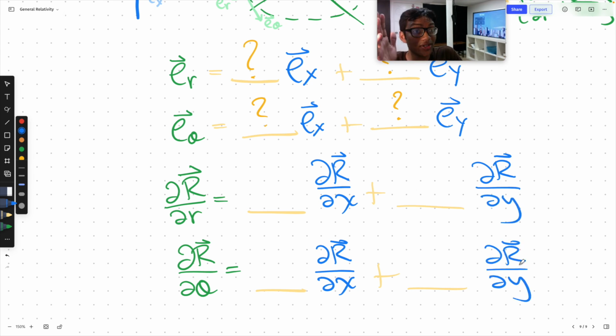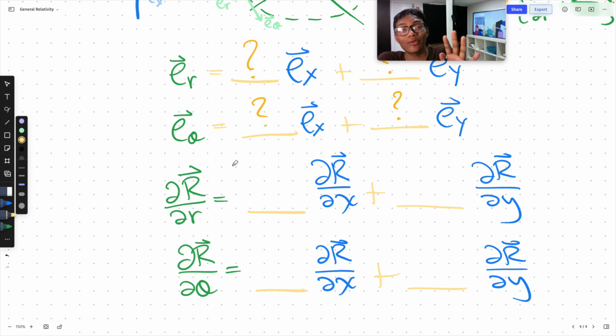And now here's the magic. If you can see how to go from here to here, then you have figured it out. You've cracked the challenge. So how do we go from partial r, partial lowercase r to this? Can you figure that out? Well, it turns out here's the answer.